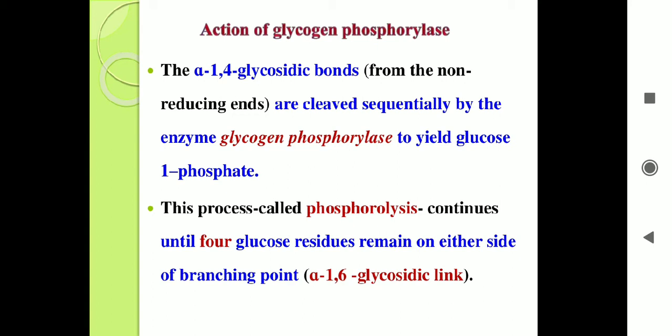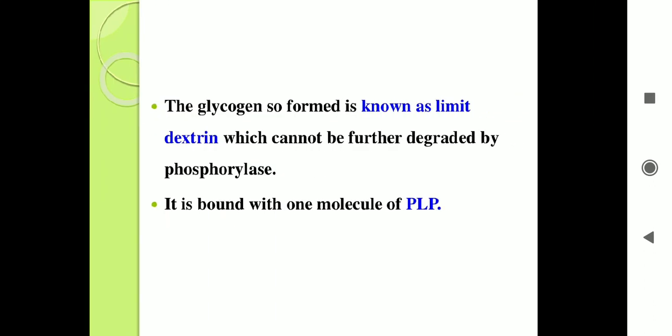So that continues until 4 glucose residues remain on either side of a branching point, that is the alpha 1,4 alpha 1,6 glycosidic link. Okay, so this glycogen is known as a limit dextrin. Means the glycogen in which you have broken the alpha 1,4 bonds using the glycogen phosphorylase enzyme, that glycogen form is called a limit dextrin, which cannot be further degraded by the phosphorylase enzyme.